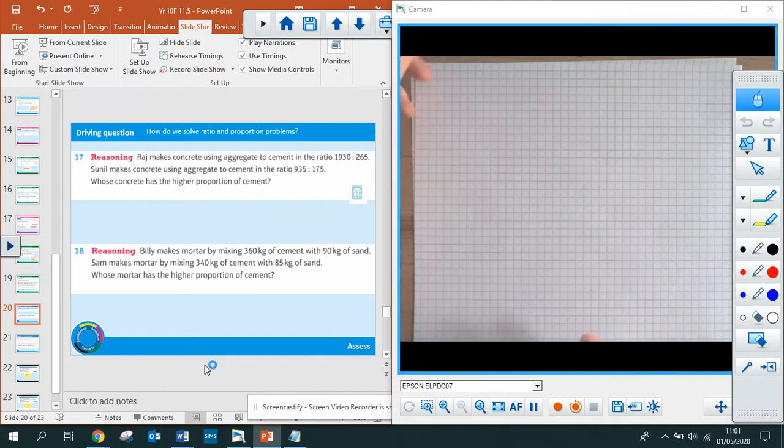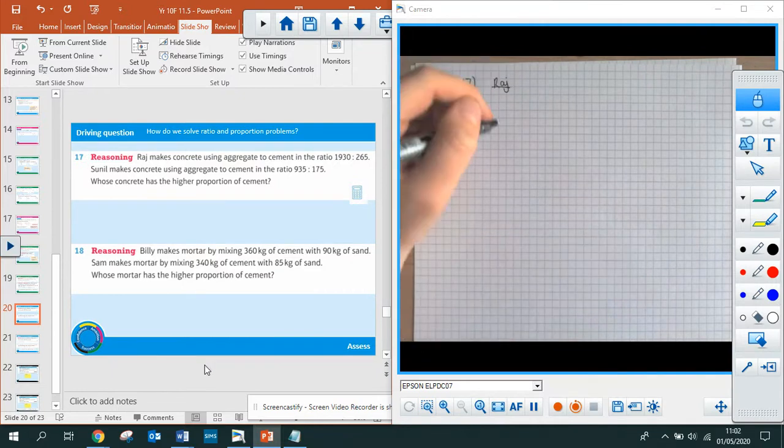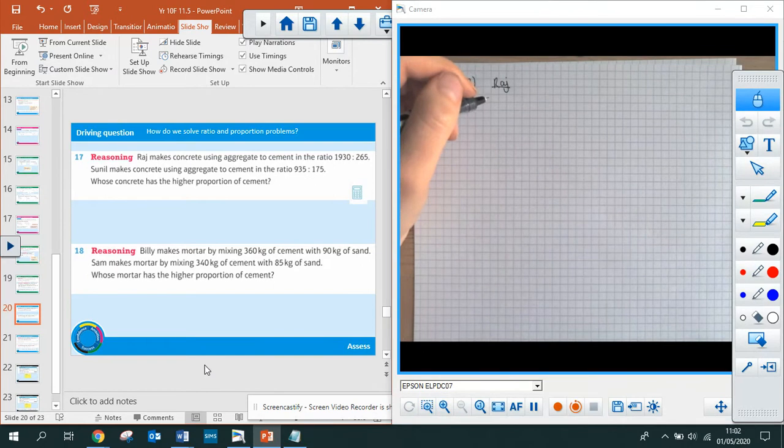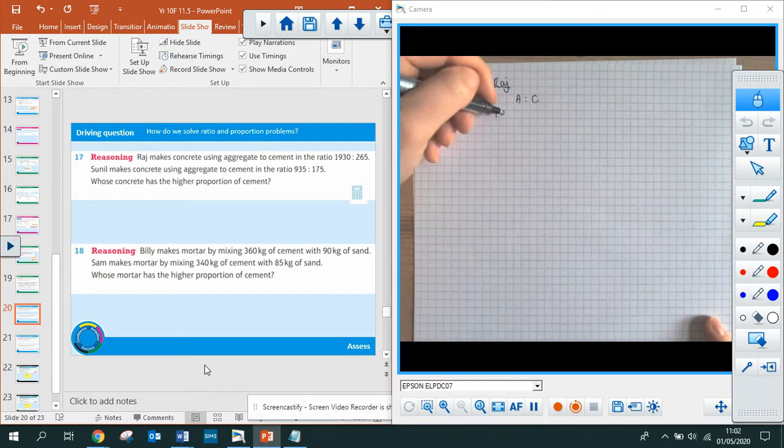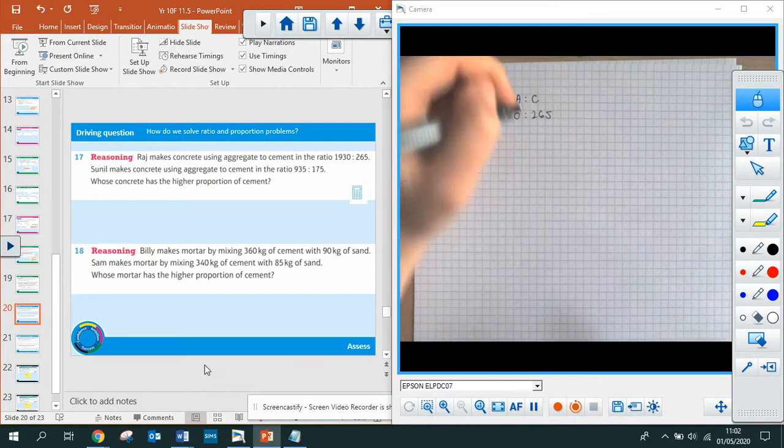Okay, so 17. It says, Raj makes concrete using aggregate to cement in the ratio 1930 to 265. So I have Raj, and he makes concrete using aggregate, A, to cement, C, in the ratio 1930 to 265.